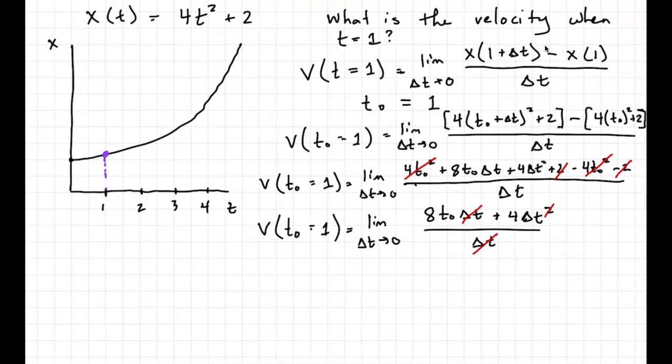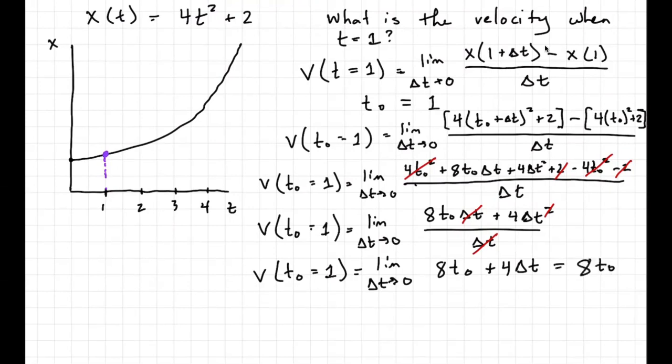This expression is now something that we can actually evaluate. We just have 8 t naught plus 4 delta t. And we can just plug in 0 for delta t now. If we do that, the second term goes away, and all we're left with is 8 t naught.